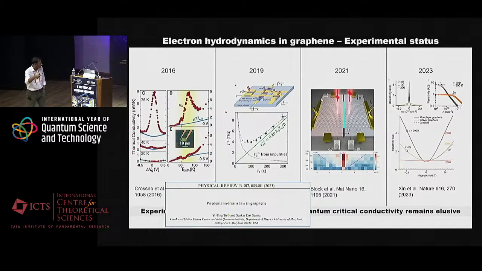So Shankar has actually published something showing that it is in principle possible to explain the hydrodynamic Wiedemann-Franz law data simply on the Fermi liquid platform, assuming a little bit of stretched, a little bit of gapped graphene. So there are questions.